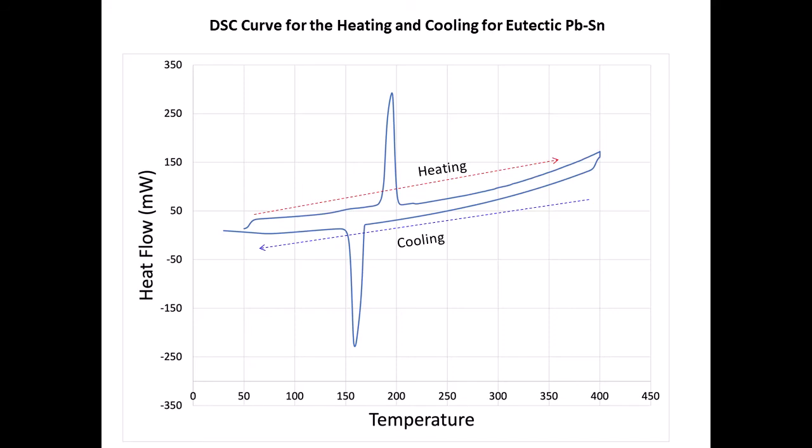But again, the only transformations are between 100% solid and 100% liquid on heating, and 100% liquid going to 100% solid on cooling, very much similar to the melting and solidification of a pure element. The only difference is that the solidification of the eutectic liquid involves the transformation to two different solids.